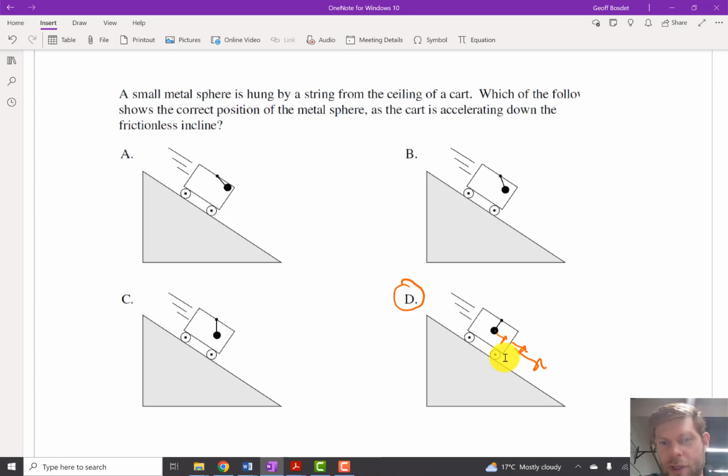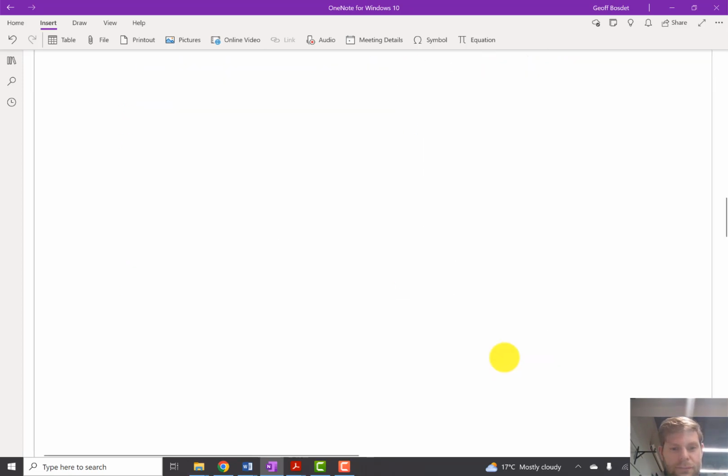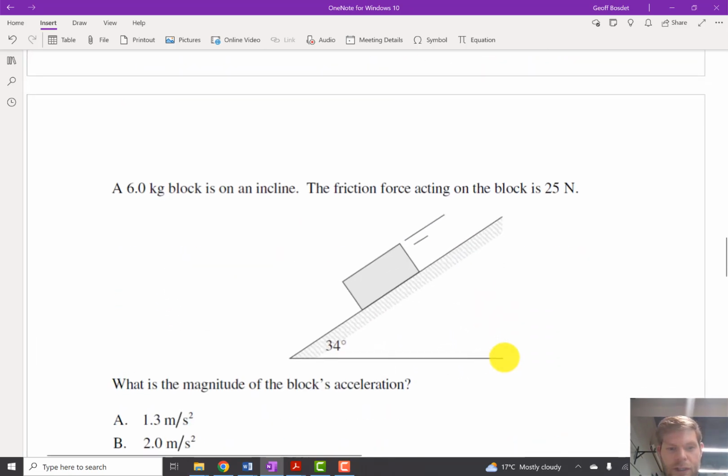It doesn't need to do this, because that would tend to accelerate the ball backwards, but it's accelerating by gravity at the same rate as the cart it's inside, and this is just need to accelerate it versus what would normally be like F perpendicular.